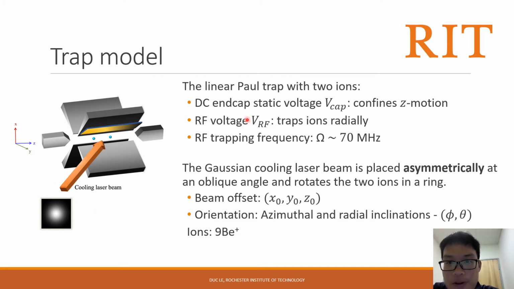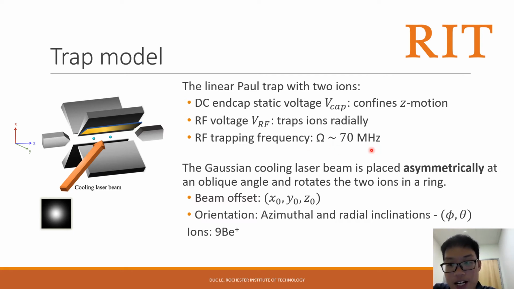So the point trap will try to trap the two ions using first the DC end cap, which will provide a static voltage to confine the motion across the z-axis. And on the xy plane, there will be an RF voltage that will trap the ions radially. And the RF trapping frequency that we use here is going to be 70 megahertz.